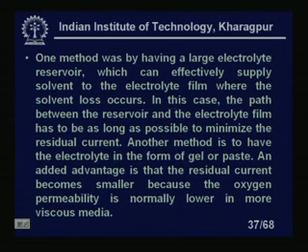In this case, the path between the reservoir and the electrolyte film has to be as long as possible to minimize the residual current. Another method is to have the electrolyte in the form of a gel or paste, okay. An added advantage is that the residual current becomes smaller, because the oxygen permeability is normally lower in a more viscous medium.